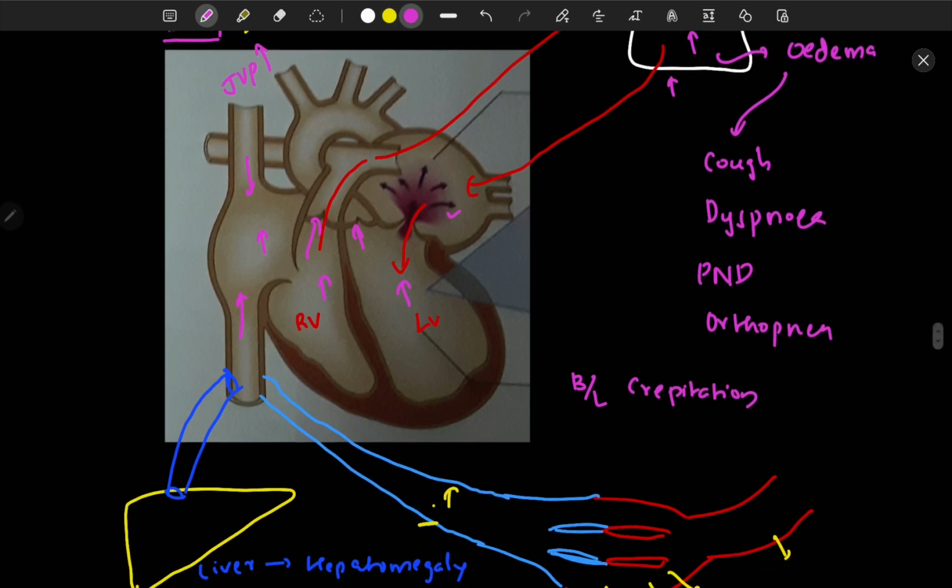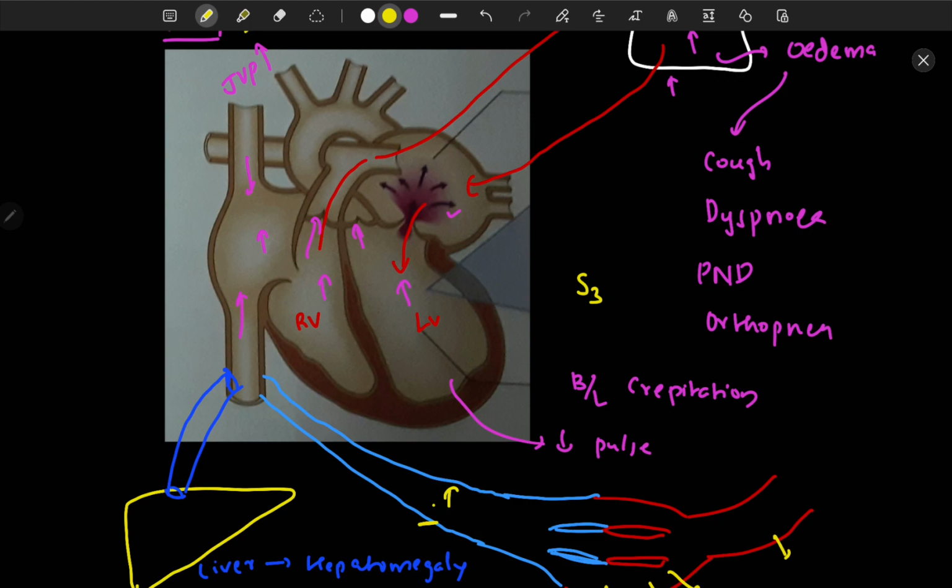And one more thing in the clinical features is that, due to the left ventricular failure, there is a decrease in pulse. And one more point to note is that there will be an added sound, that is S3, the third heart sound.